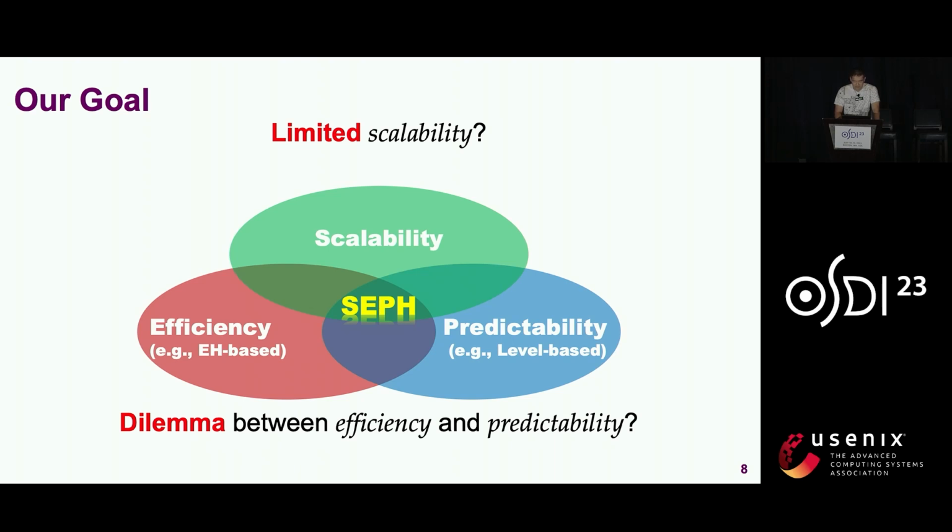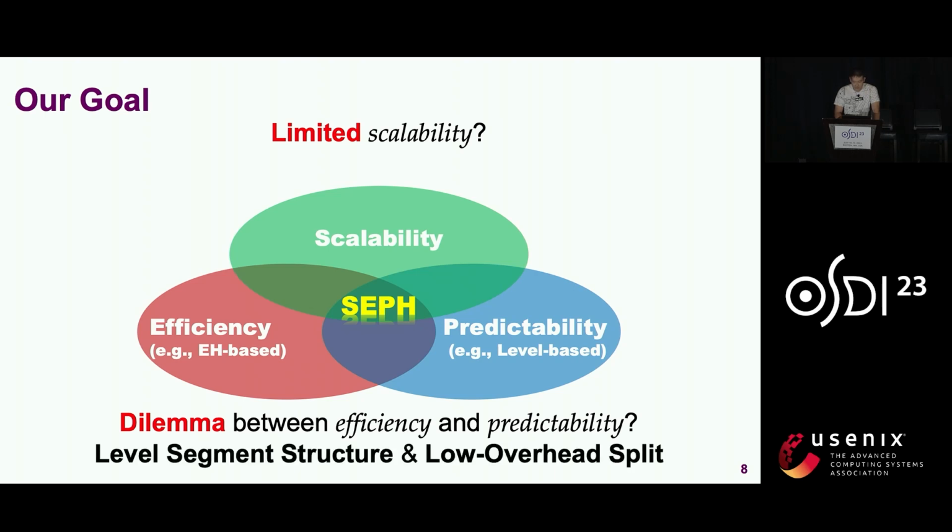SEPH breaks the dilemma between efficiency and predictability by proposing the level segment structure and low-overhead split. SEPH achieves good scalability by proposing semi-lock-free concurrency control. And next, I will introduce them in detail.